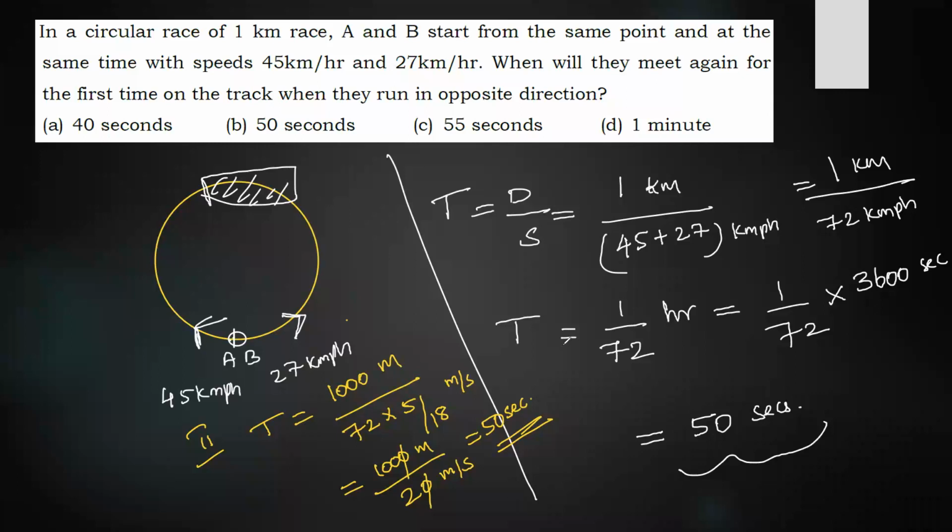Clear? The first method gives you hours, so I convert into seconds: 1 hour equals 3600 seconds and divide. Or else convert kilometer into meter and kilometer per hour into meter per second. Then you will get 50 seconds.